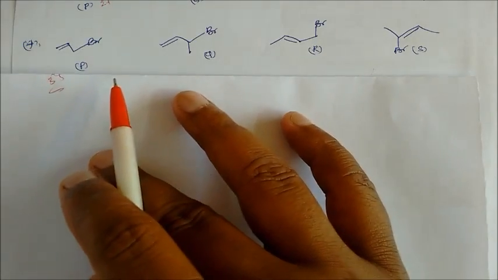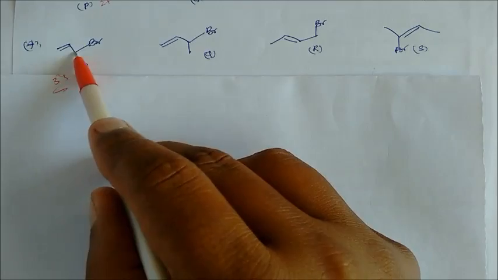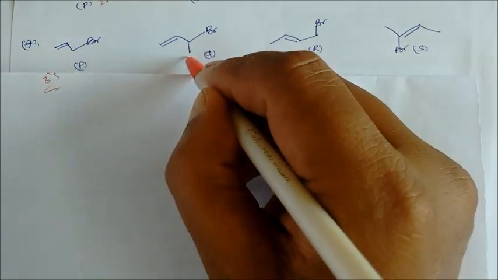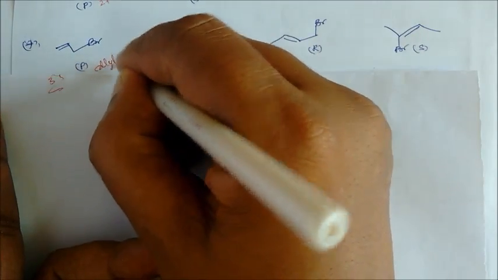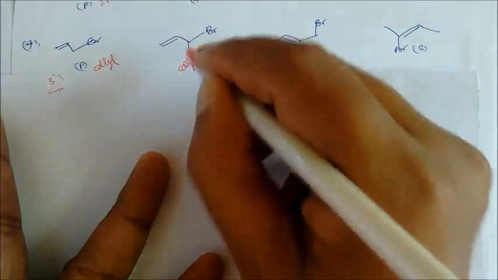In this we can see all are allyl. This bromine is attached to the allyl carbon. Again this is an allyl carbon, but the allyl carbon is supported by a secondary carbon. This is allyl carbon plus secondary carbon. This is a secondary carbon also.